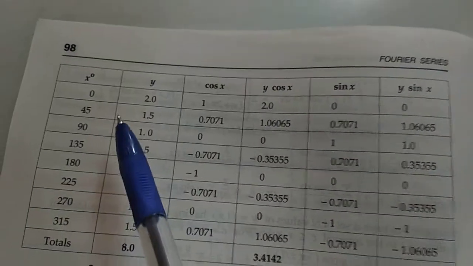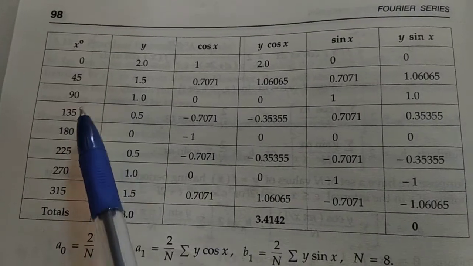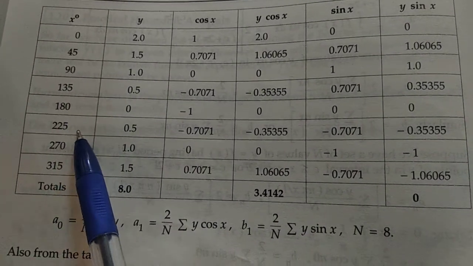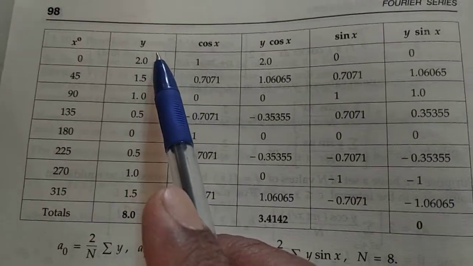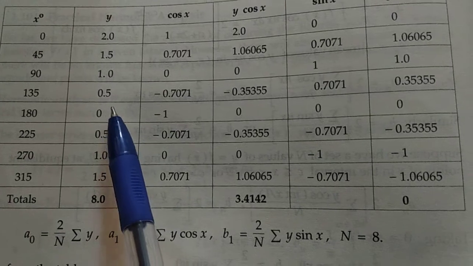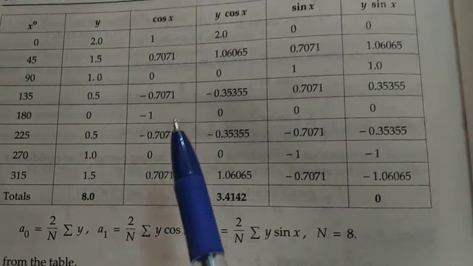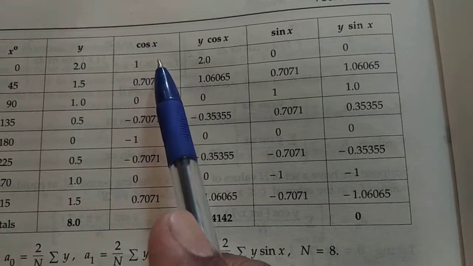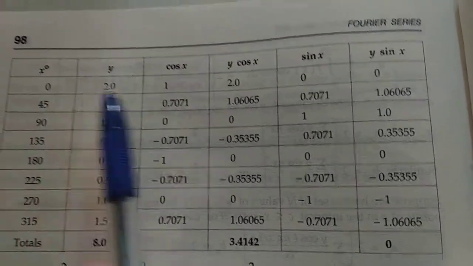In the given problem, x is given as 0 degrees, 45, 90, 135, 180, 225, 270, 315. Next, the corresponding y values are given: 2, 1.5, 1, 0.5, 0, 0.5, 1, 1.5. Now you have to find cos x. The calculator must be in degrees because the values are given in degrees.